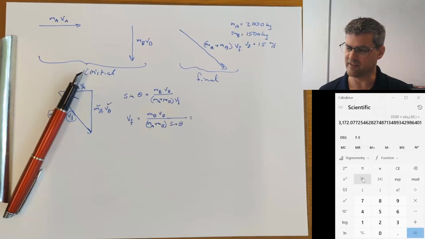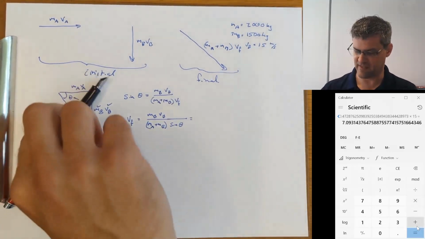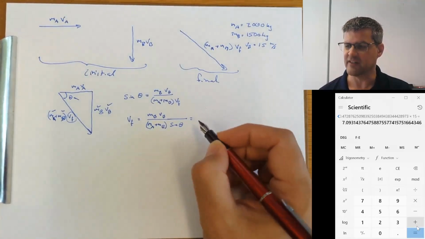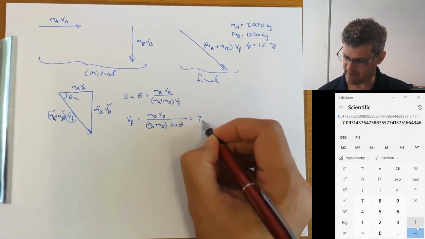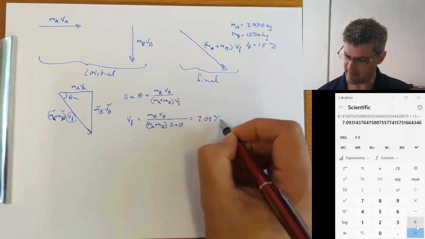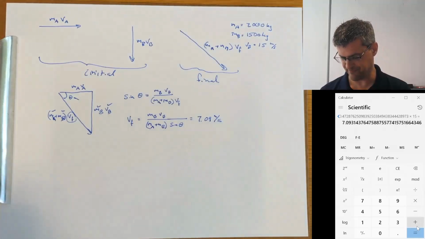That goes in the denominator, times mass of B times V of B. So we see that after the collision, it's moving at 7.09 meters per second.